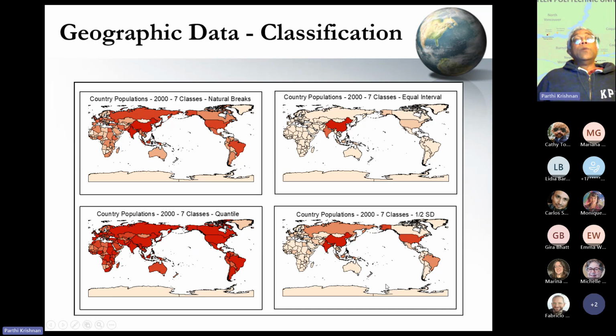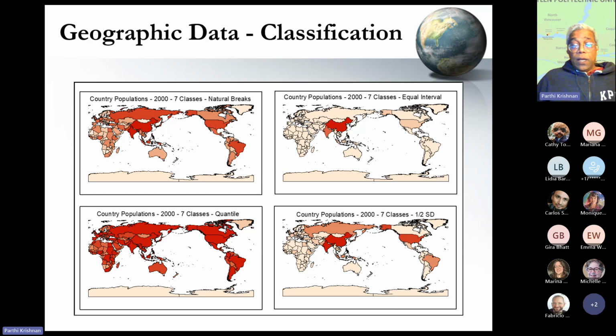So as you can see, when we compare, for example, equal interval, we end up in a situation where we only highlight the two biggest populations found on this planet. Whereas if we use the quantile, it masks those differences. Okay? So in this particular example, based on the distribution, natural breaks might be a better classification scheme than the other 3 classification schemes that we have here.